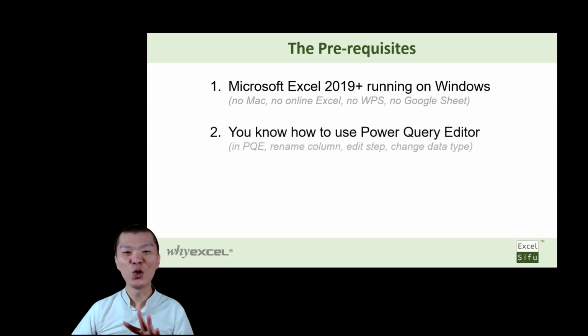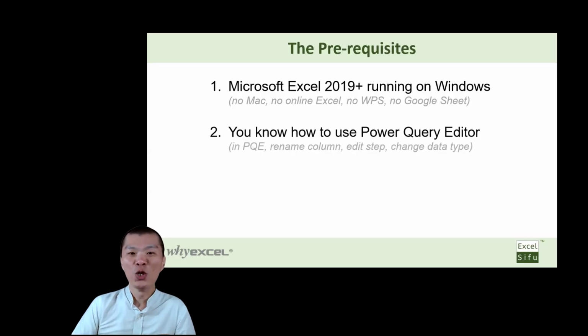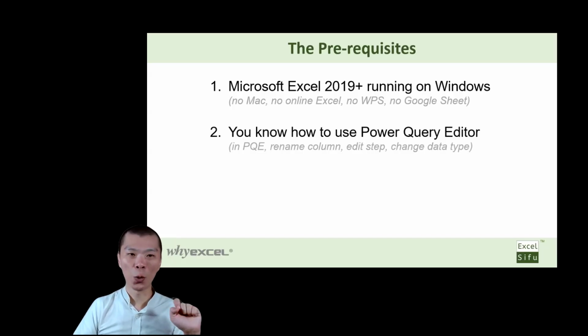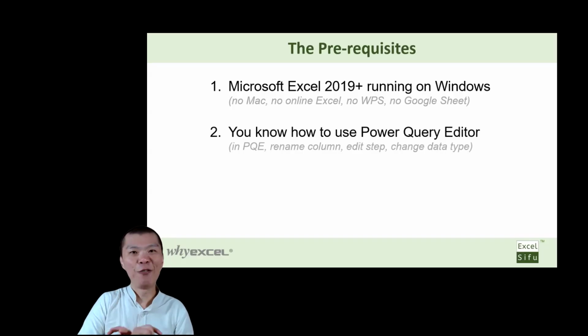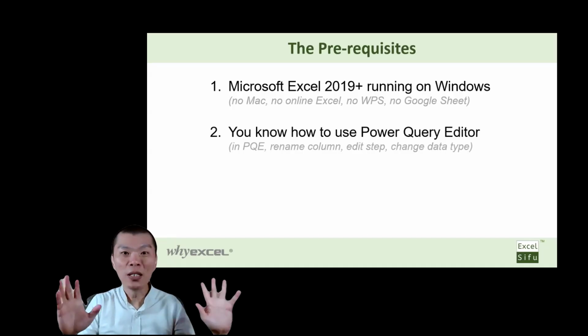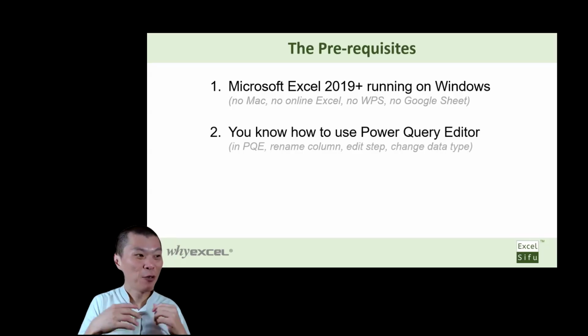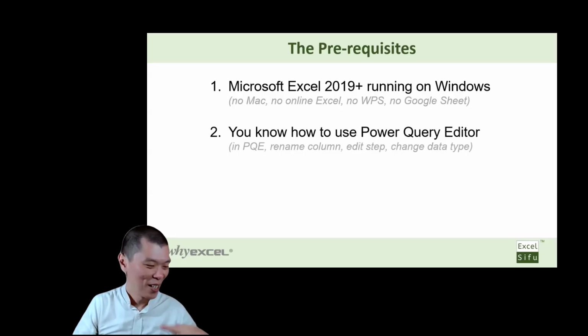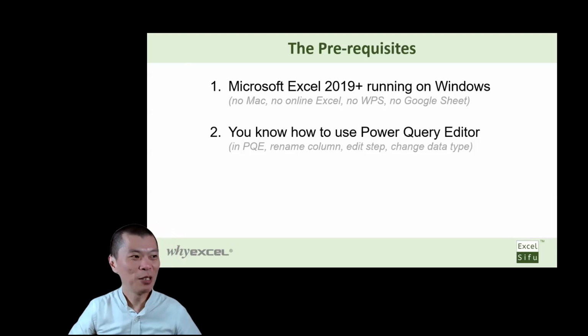The second prerequisite is that you need to know how to use the Power Query Editor. At least you know how to rename, edit a step, and change the data type. These are the minimal requirements. Just want to know, how many of you know how to use Power Query? Type number 1. If you have totally no idea, type number 0, or somewhere in between, just type a decimal.